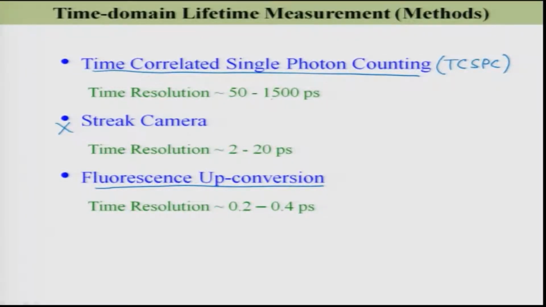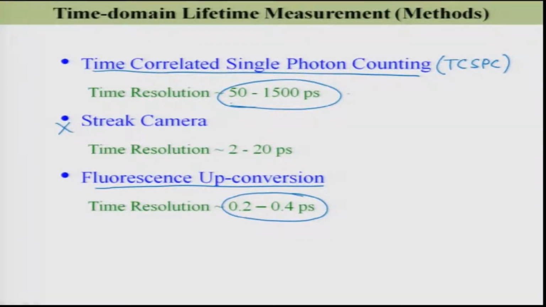Depending on the system, it can go from 50 picosecond to 1500 picosecond or so. However, in the fluorescence upconversion system, the time resolution can go down to 0.2 to 0.4 picosecond. So in that sense, the fluorescence upconversion setup is superior to the TCSPC setup.